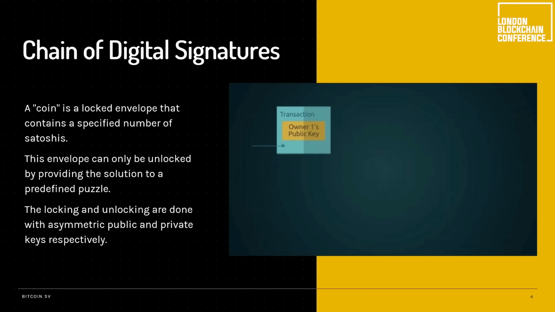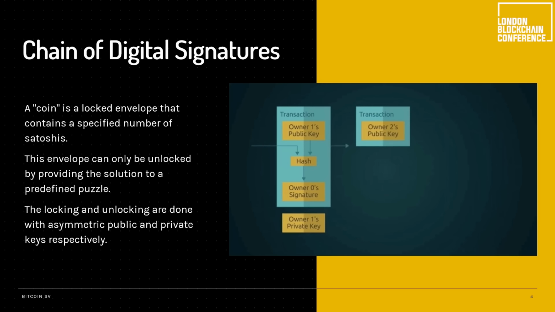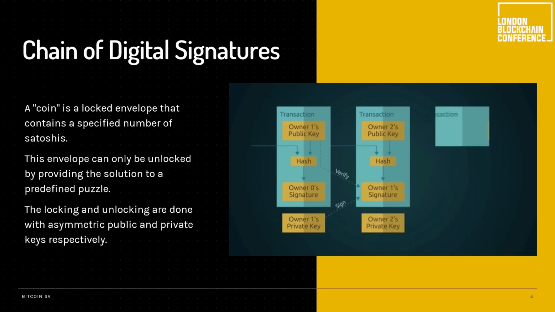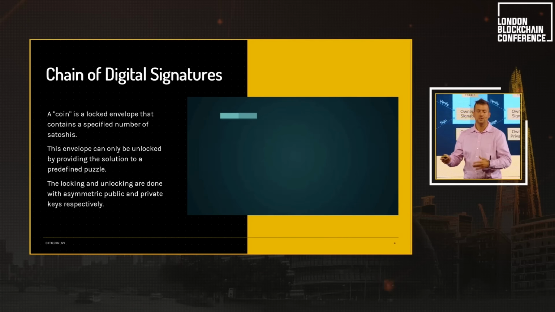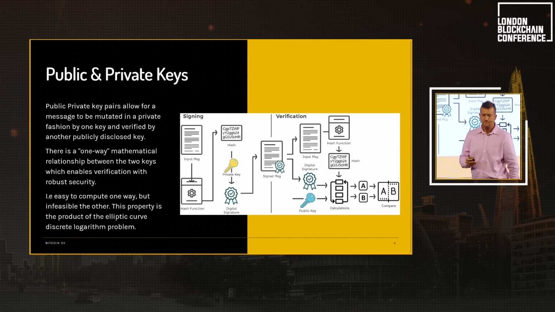So you can see here that we've got the public key being input into the hash and the owner zero's digital signature, and we're chaining them all together. So they can always be traced back, their whole chain of provenance, to when they were distributed onto the network by the miners.